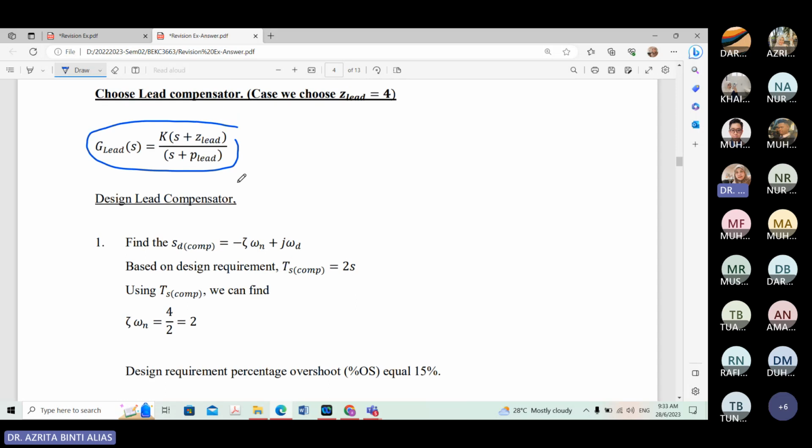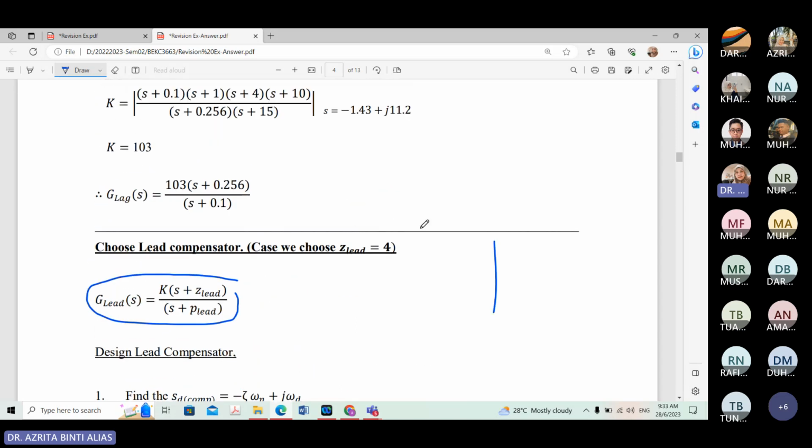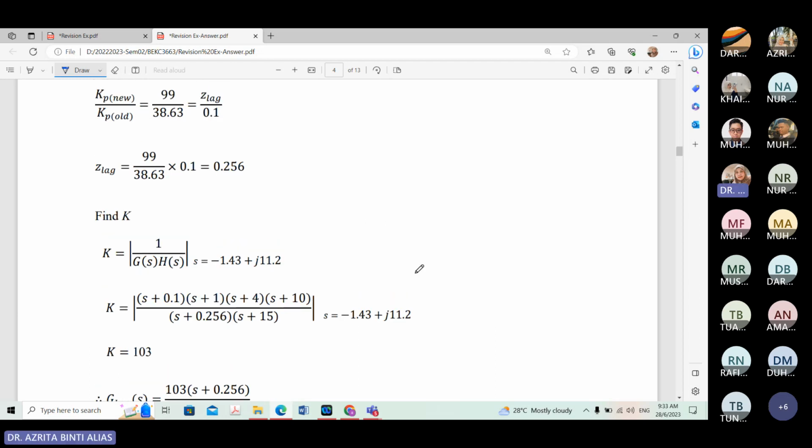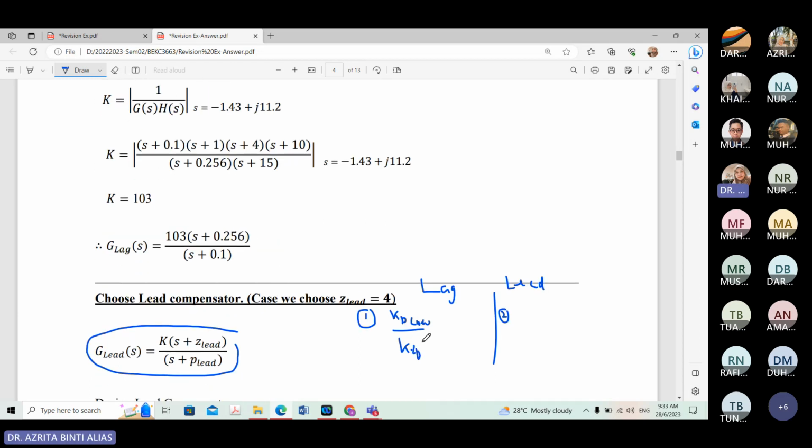Before this, for the lag compensator, the key point to design is the equation: Kp new over Kp old equals Z lag over P lag.